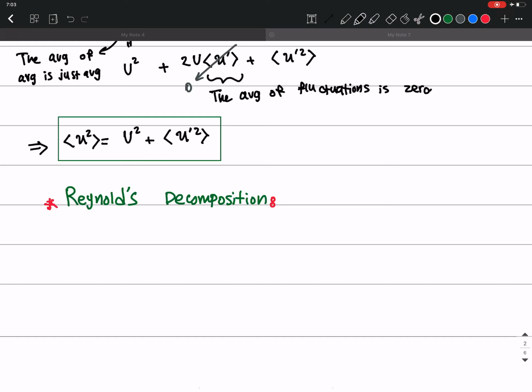So for example, for velocity, as we said, u_i equals, in any direction, capital U_i plus its fluctuating part, u_i prime. Similarly, for pressure, we have capital P plus P prime. Even for stresses, you can have tau_ij equals T_ij plus tau_ij prime. So this is called Reynolds decomposition.